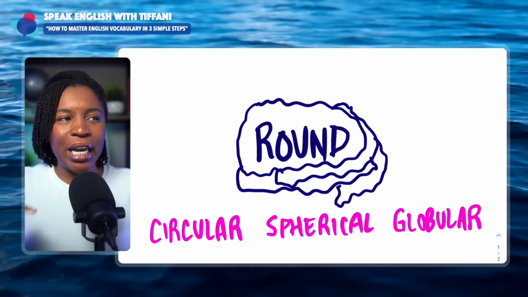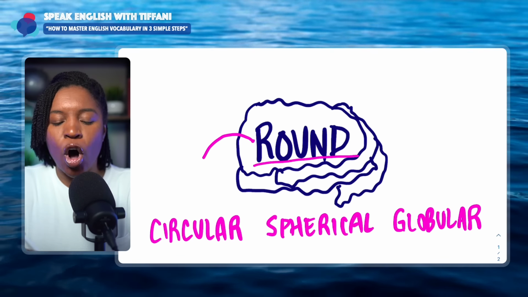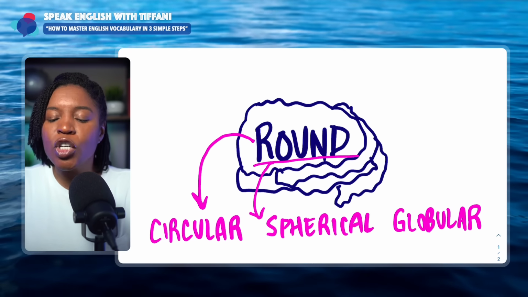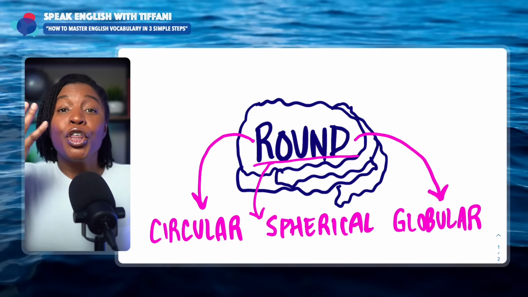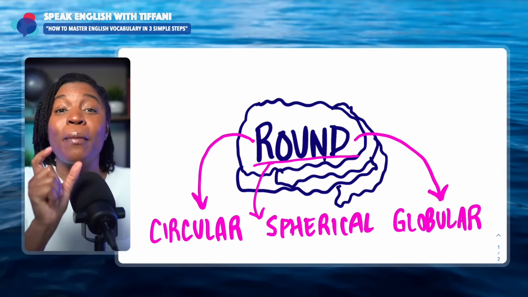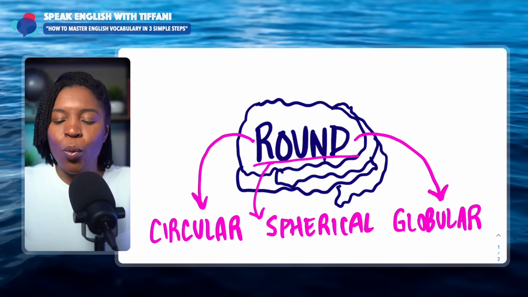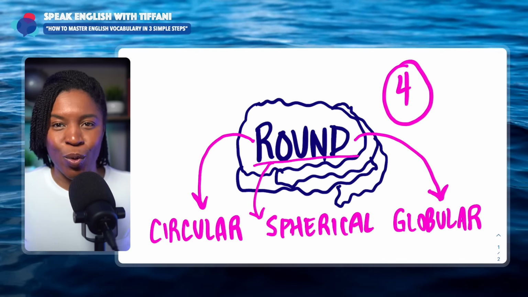The next time you hear the word round, you're immediately going to also think of the word circular, and then spherical, and also globular. 3 words that have similar meanings. So what's happening? Instead of now only learning 1 word, now you know 4 vocabulary words.